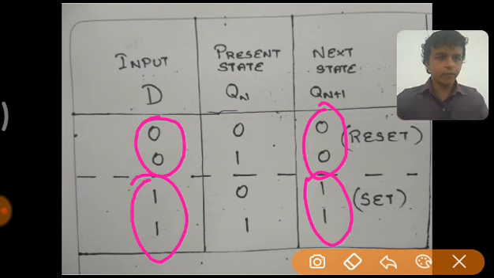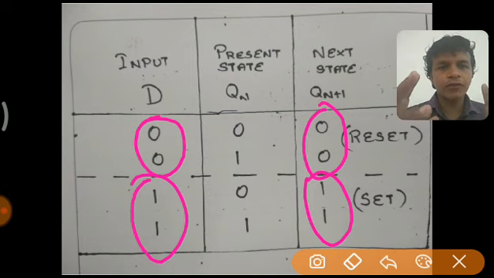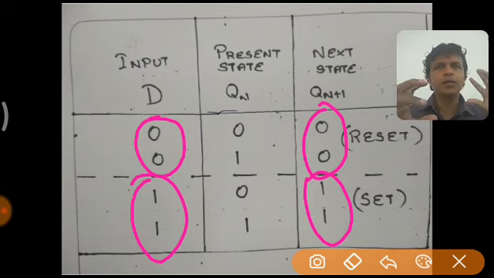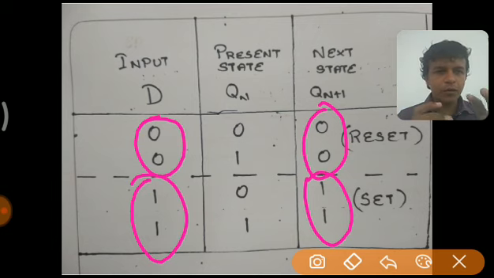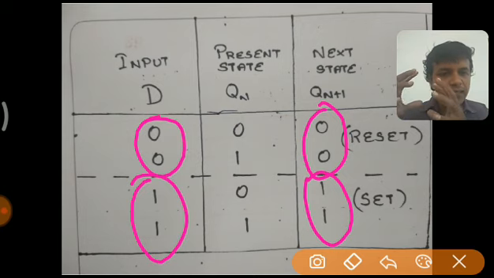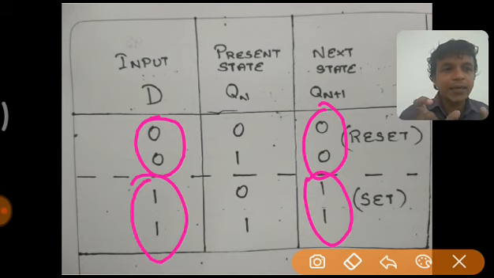Since it is a flip-flop, it depends on the previous state also. The input given to the flip-flop comes out as the output, but at a delayed clock pulse. That is why we call it a delay flip-flop.